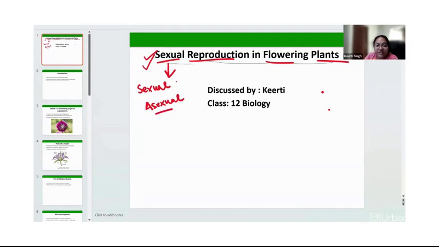The basic difference between these two is that in sexual reproduction, gametes are involved, while in asexual reproduction, the reproduction takes place through any means other than gametes. Maybe it's a vegetative part that is involved in the case of plants, or any other part of the plant.